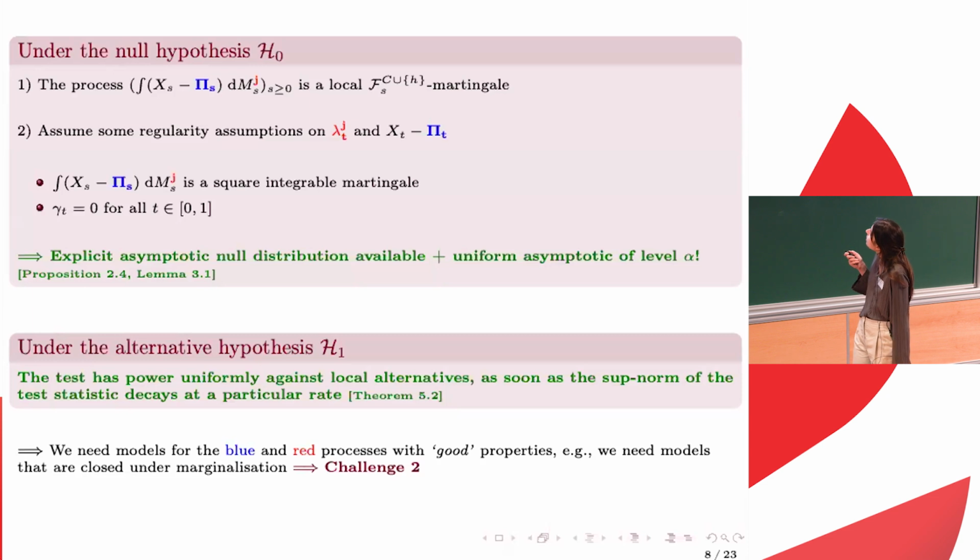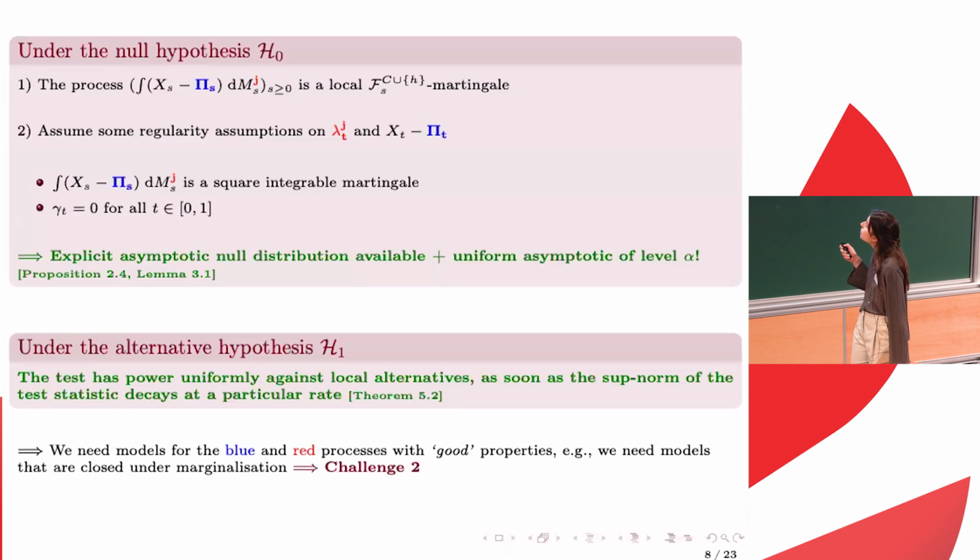But you see that in order to compute this test statistic, the expectation of this covariance measure, you need a model for the predictable projection pi and the martingale counterpart of my outcome process. That brings us to the second challenge that I've listed here.